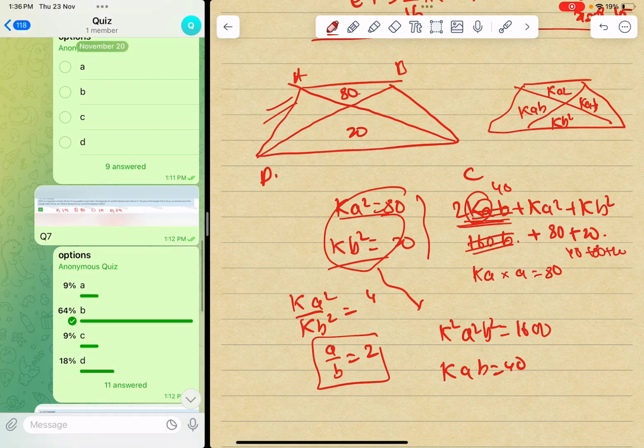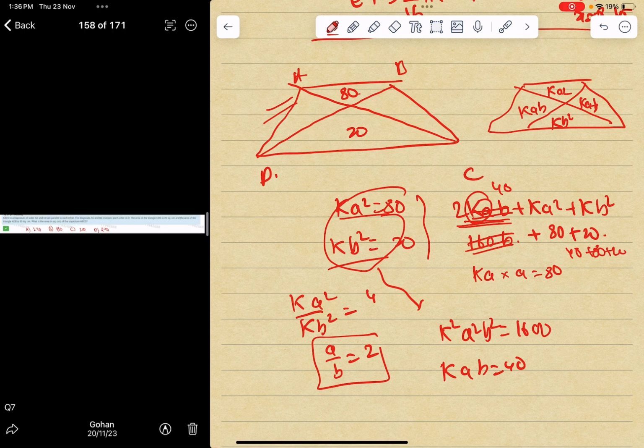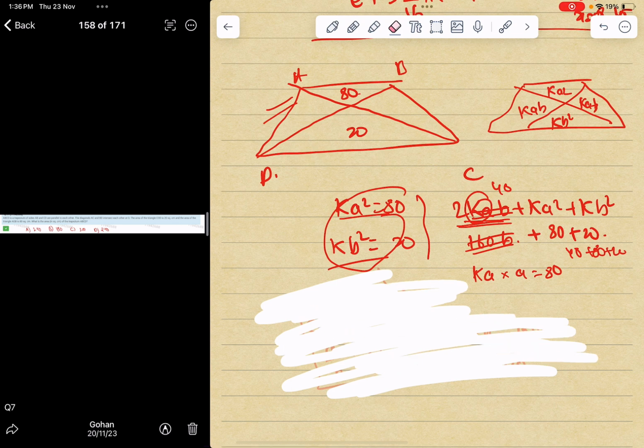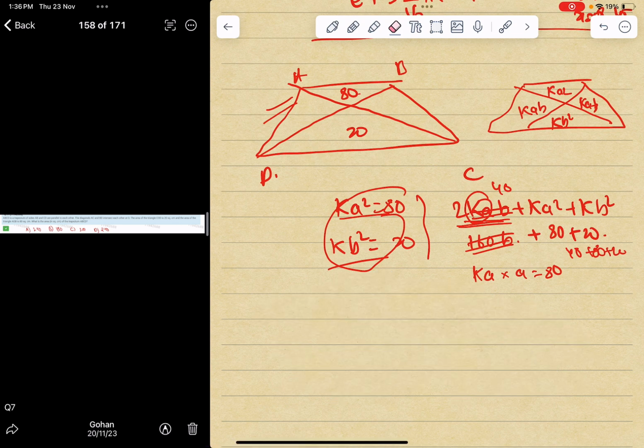Is it correct? Let me check what error I have made. Oh, I have missed the 2. Again, I am telling: this property you must know to solve this question. We know that KA square is 80, KB square is 20, and total area is 2KAB plus KA square plus KB square.